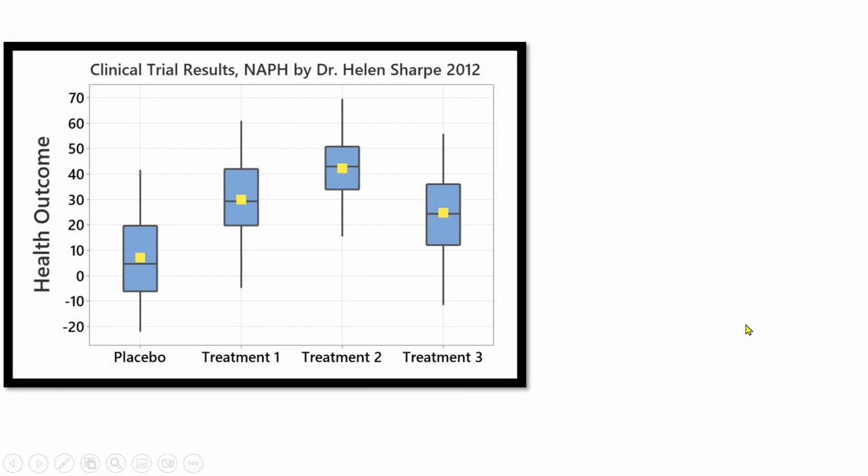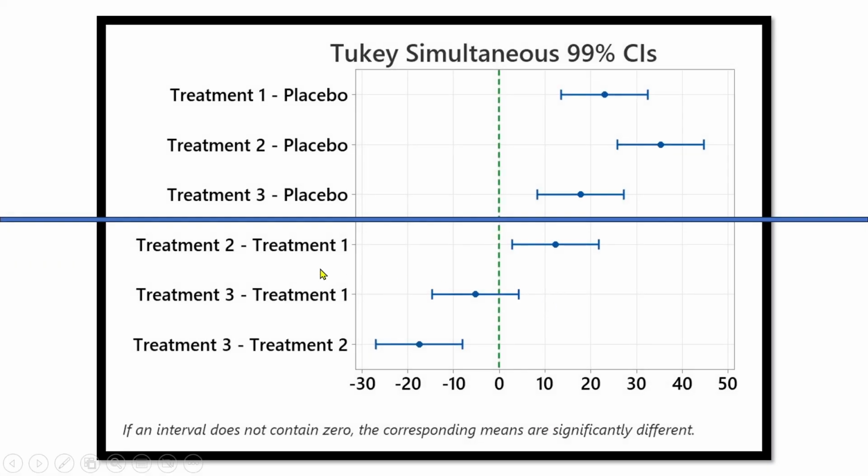Right, so you can also see down here when we compare treatments, treatment 2 is clearly better than treatment 1 because this confidence interval is on the right of 0. Treatment 3 is worse than treatment 2 because the confidence interval for that difference between population mean responses is on the left of 0. And then treatment 3 and 1 aren't statistically different because we can see this confidence interval intersects with 0.